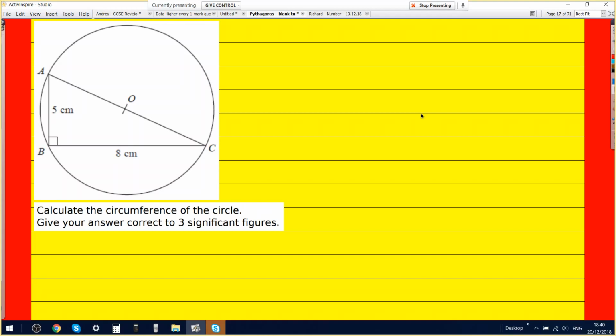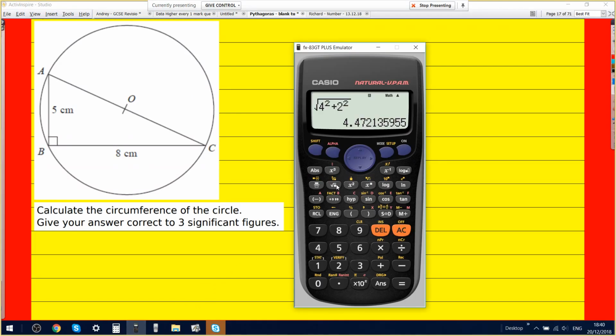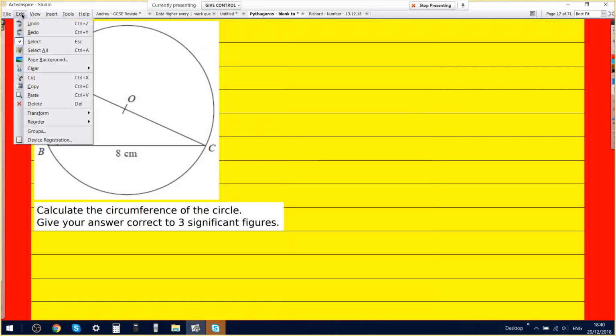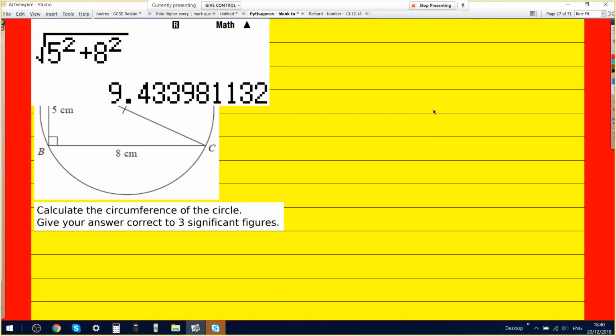Wouldn't it be the square root again with 5 squared plus 8 squared? That's it. And so they wanted to do 3 significant figures. Okay, so 5 squared plus 8 squared. So 3 significant figures.